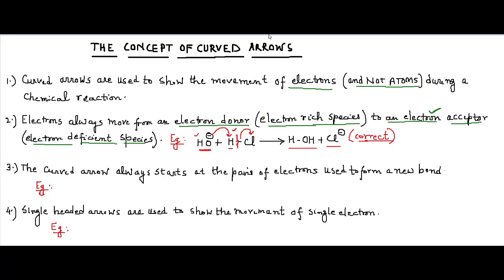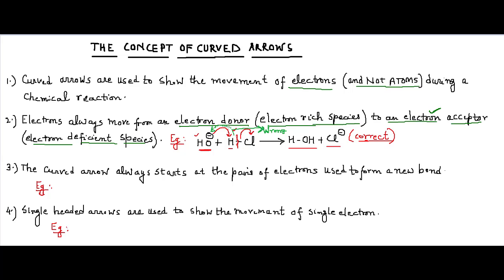Now if we show the arrow getting shifted the other way and then write the product, because obviously there is a bond between OH and H, we may think we can show it either way. No, this way, from hydrogen to OH negative, is the wrong method. It should not be shown this way because hydrogen is electron deficient, so electrons cannot shift from hydrogen to OH negative.